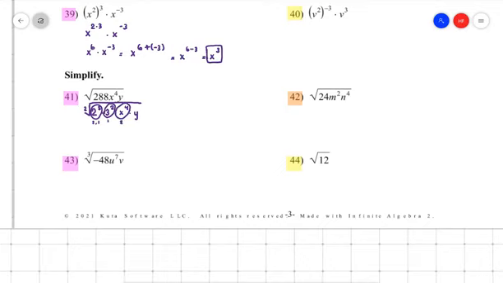And then y doesn't have a power large enough. So we're taking out a 2, we're taking out a 3, we're taking out 2 x's, sorry, 2 2's. And then left inside are any remainders. We've got a remainder on that too. And then y. So rewriting that, we've got 2 squared times 3, which is 4 times 3. So 12x squared, square root of 2y.